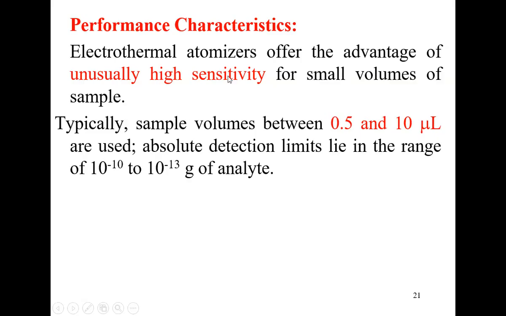Here are the advantages. One, usually high sensitivity with small volumes. And if you are limited by volume, remember, AA is very wasteful. Although it gives reproducible results with high precision, it's very wasteful.